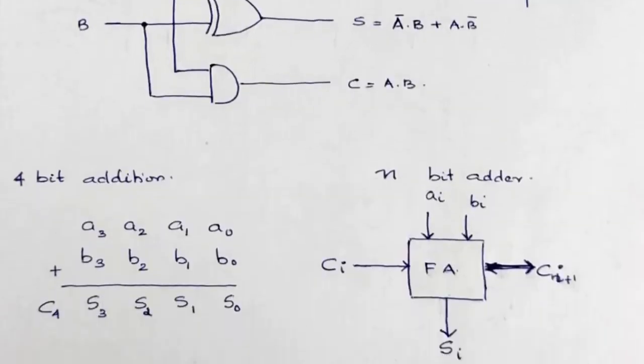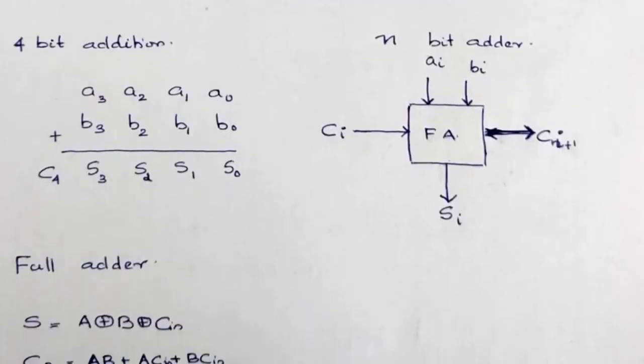Next we'll go to 4-bit addition. This is a serial chain of 1-bit additions. The rightmost bit is the LSB and the leftmost bit is the MSB. When we add the LSBs, A0 and B0, we'll get sum S0, and if there is a carry, it will be given to the next addition.